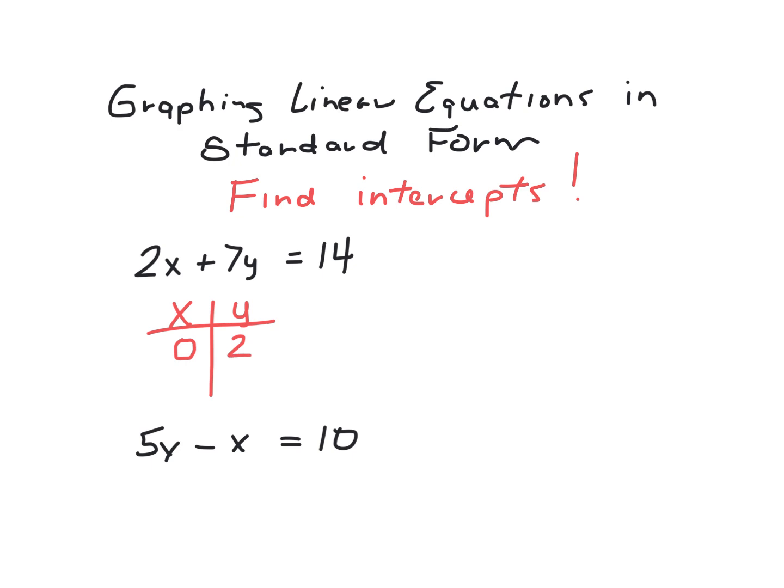To find the x-intercept, I'd put 0 in for the y. I would cover up the 7y, and I would get x to be 7. So then to graph this, you're going to go 7 on the x, a positive 2 on the y, and connect those and draw your line.